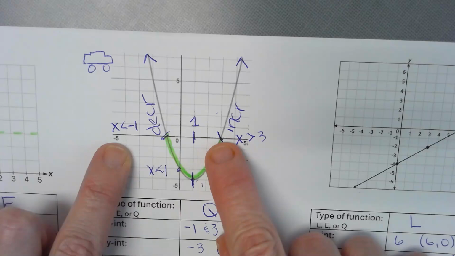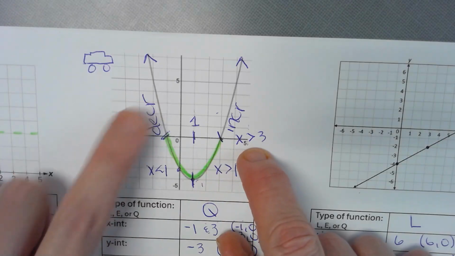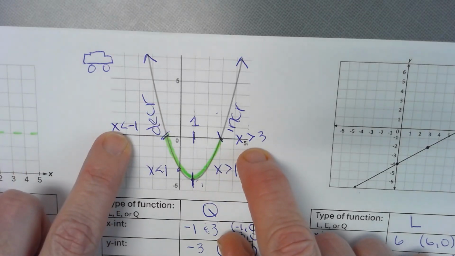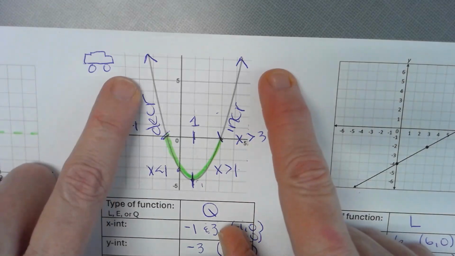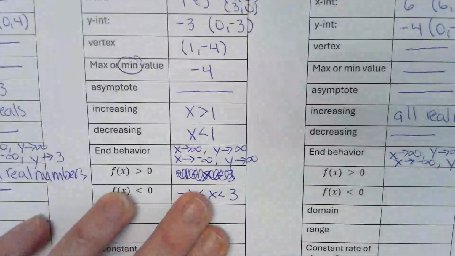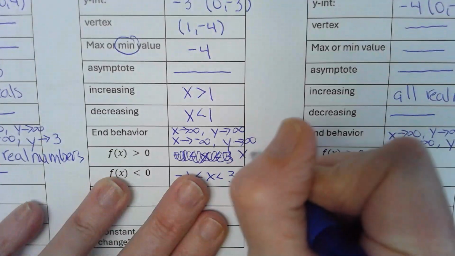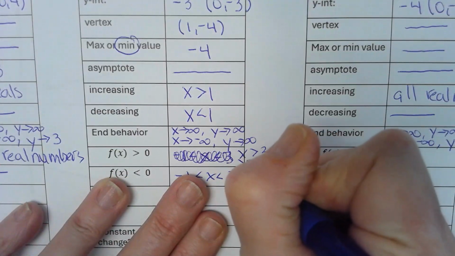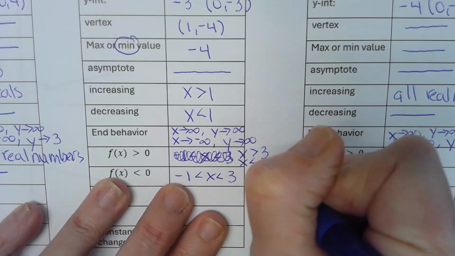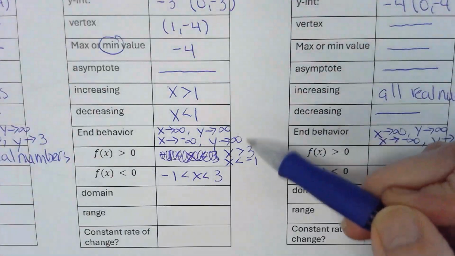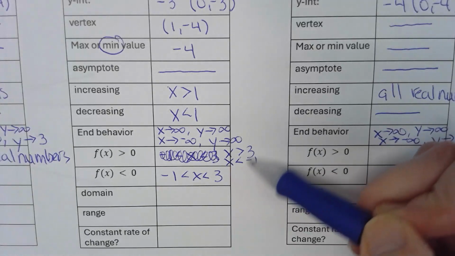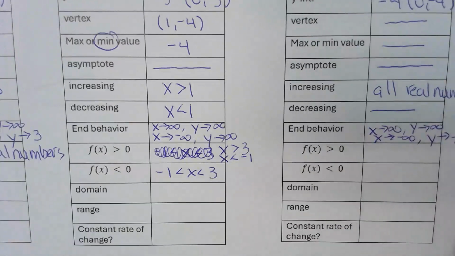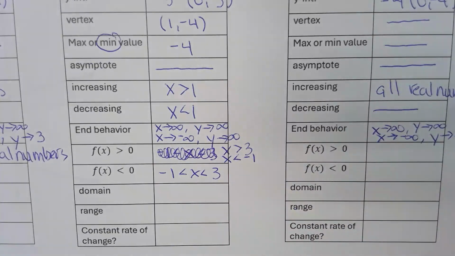This piece is where x is greater than 3. This piece is where x is less than -1. This is where the function is positive. X is greater than 3 or x is less than -1. There are two parts to that answer right there. Two parts.